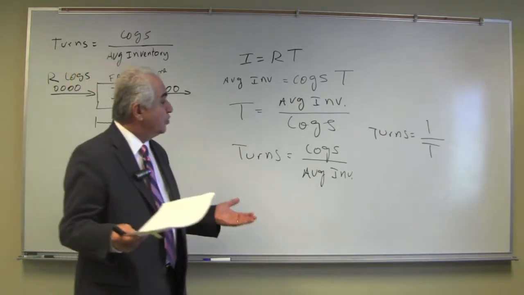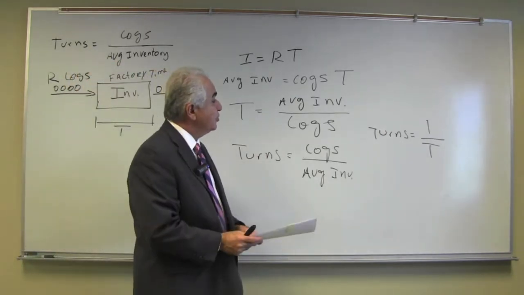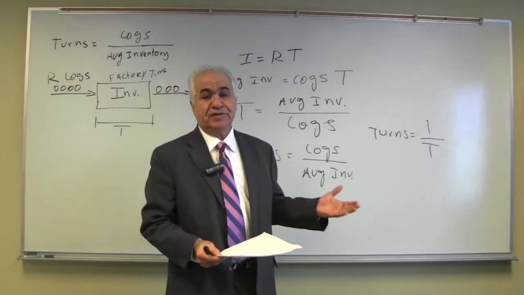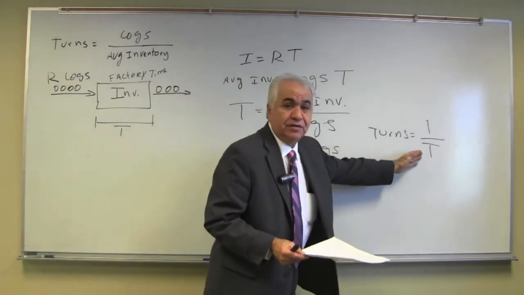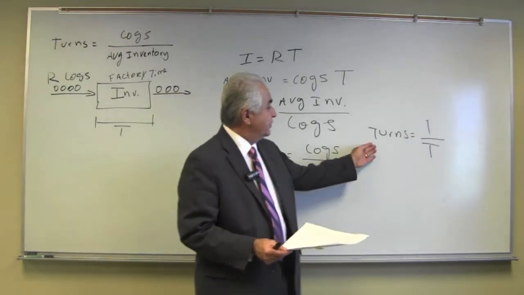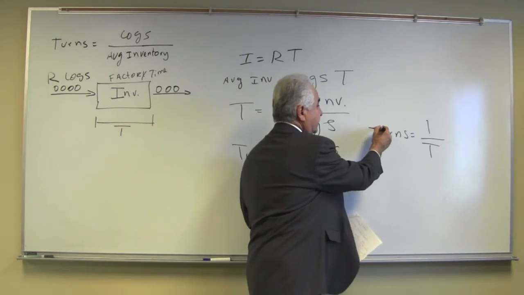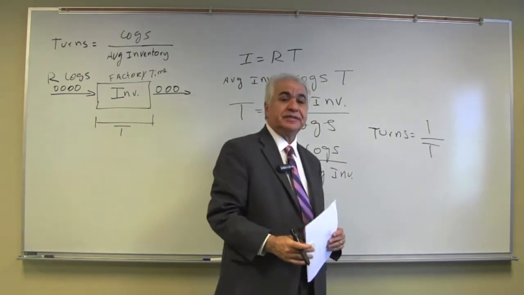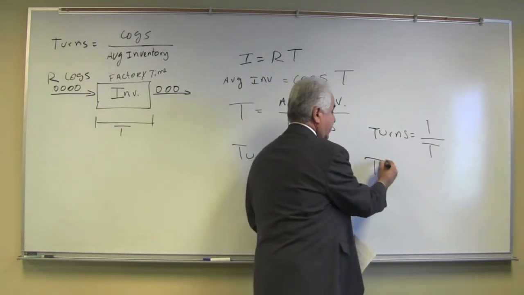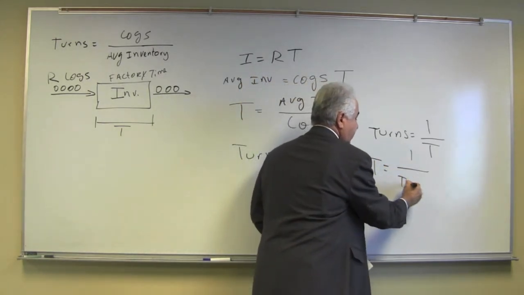And in this case, turns become a good direct operational relationship to the flow time. Turns equals 1 over T. Or the flow time is 1 over turns.